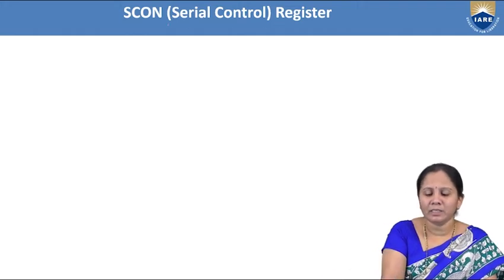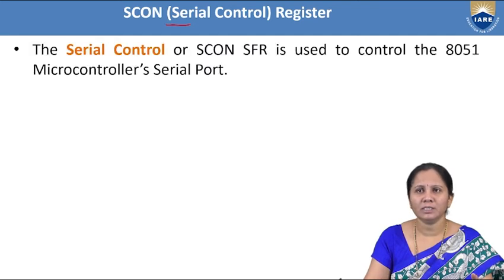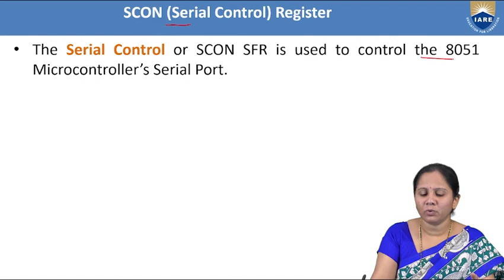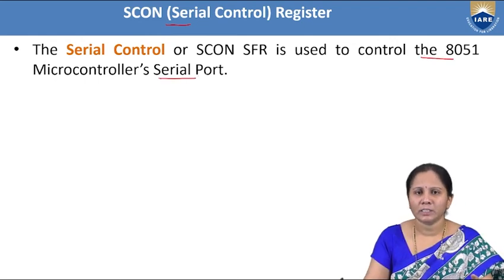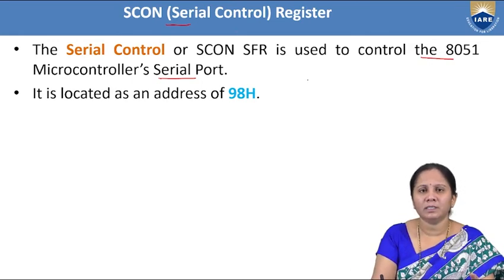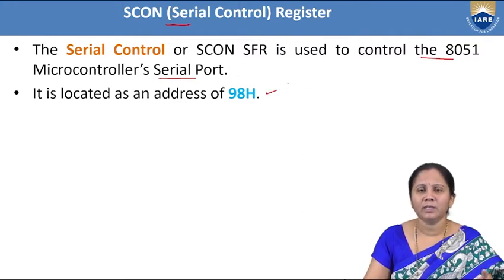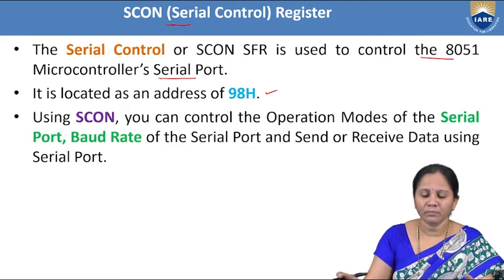Another register is the SCON register, which stands for Serial Control Register. The SCON register is used to control the 8051 microcontroller's serial port operation. Among all the SFRs, SCON is present at address 98H in the SFR address space.